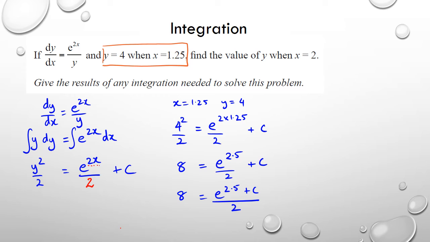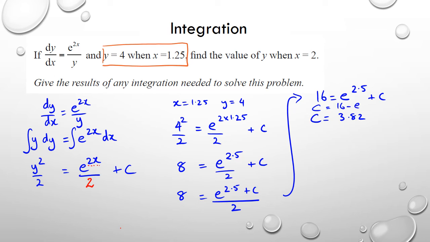So what ends up happening is I have 16 equals e to the power of 2.5 plus c. And when I solve this, I get c is equal to 3.82. Just one extra step: c is 16 minus e to the power of 2.5. Once I have that, I can go back to my equation.